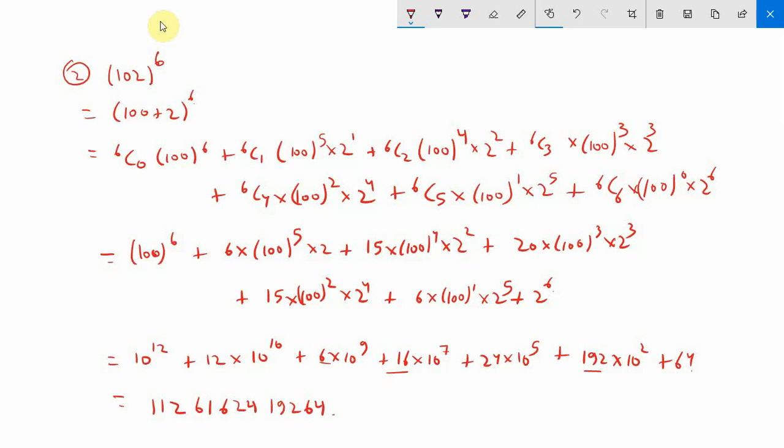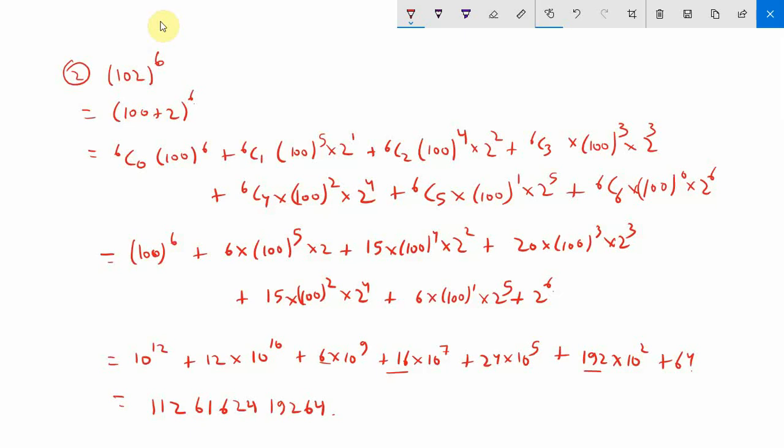Okay, friends, so using binomial expansion, we can calculate the expansion of 101 to the power 6 or whatever is given.